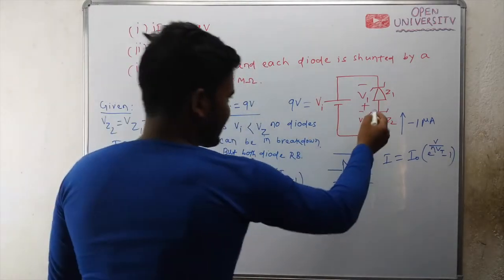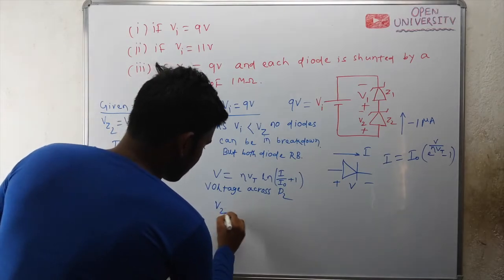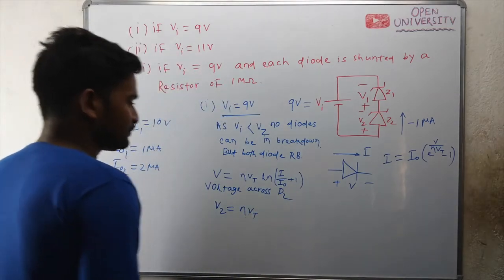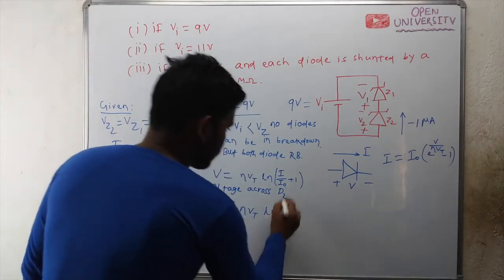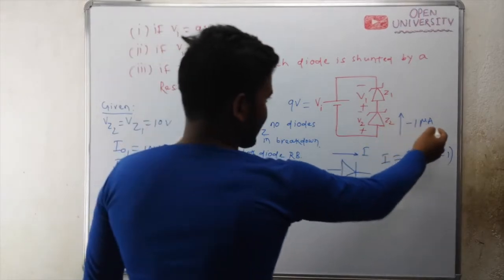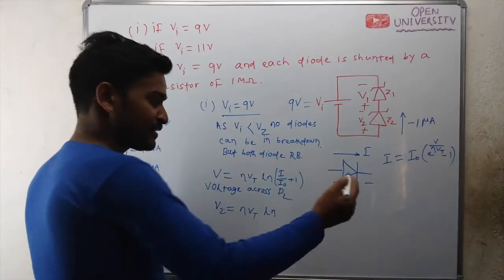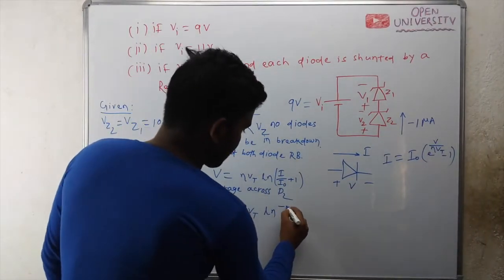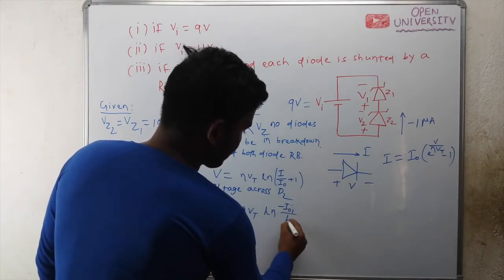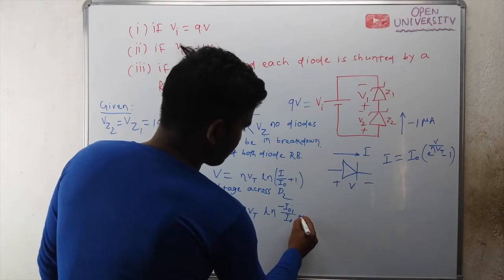The voltage across diode D2 will be V2, and V2 will be equal to eta Vt into log of, what is the forward current through D2, it is minus 1 microampere or minus I naught 1, so minus I naught 1 divided by I naught plus 1.